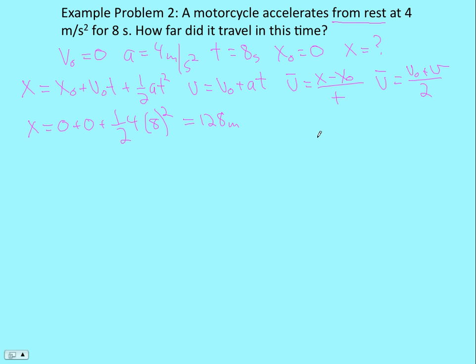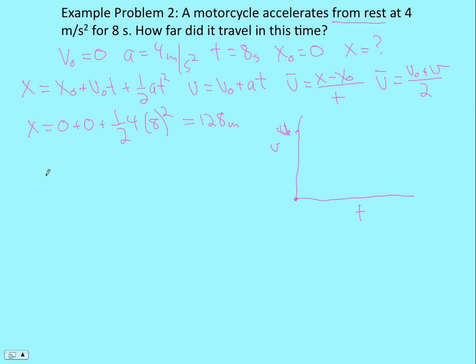Let's go back to looking at a graph here just to get a little bit of understanding of what it is we're doing. If we were to graph this, we have velocity and time, and we start from rest. How fast are we going here at the end? What is my, not v0, what is my v?